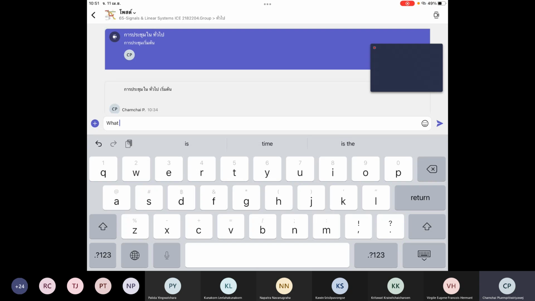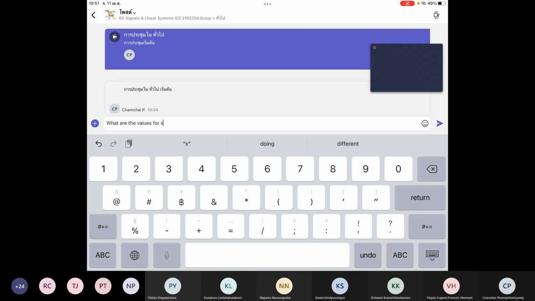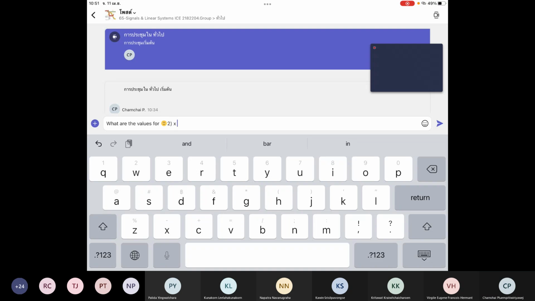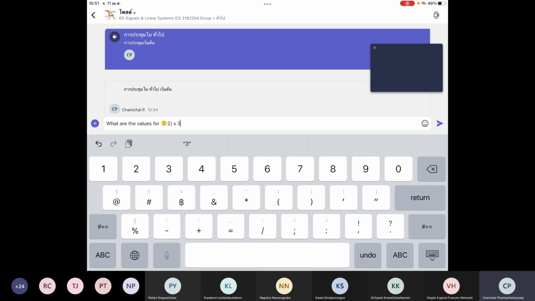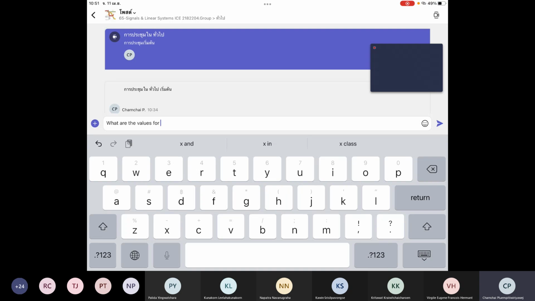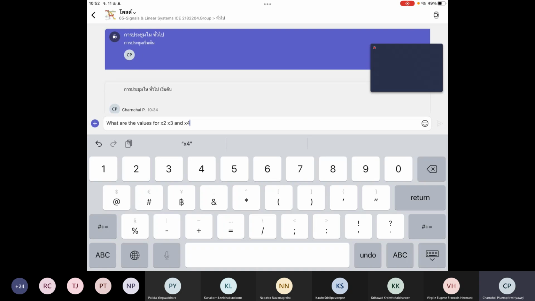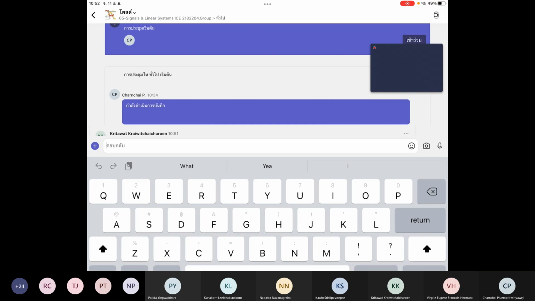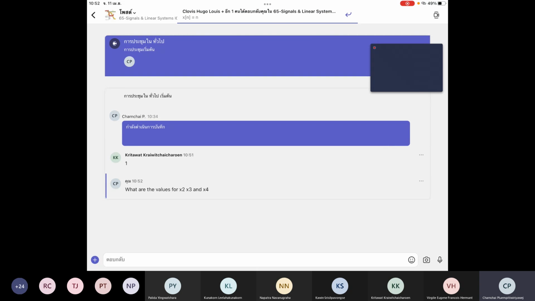What are the values for X2, X3, and X4? Go ahead and answer that.